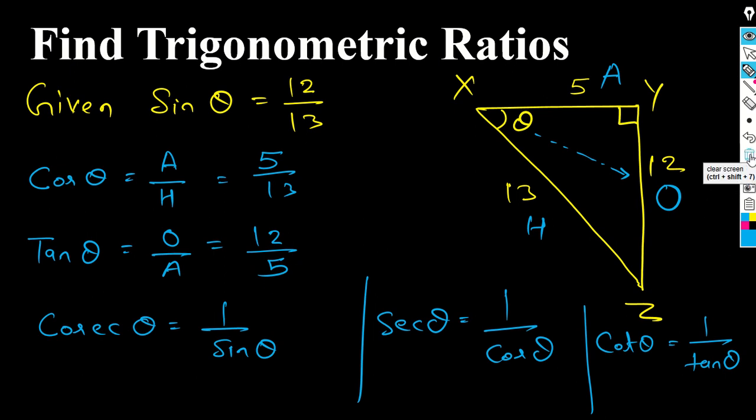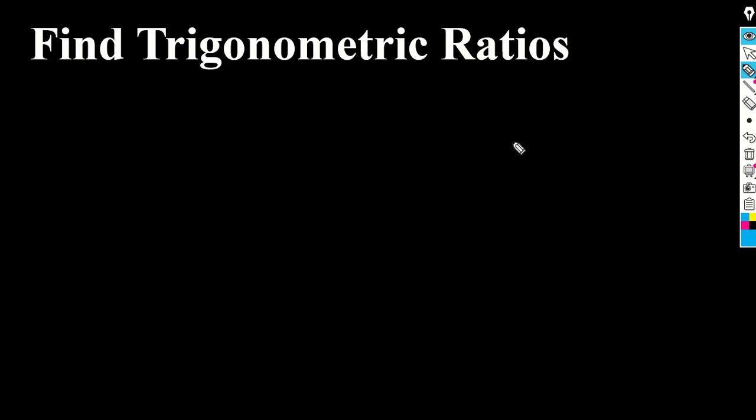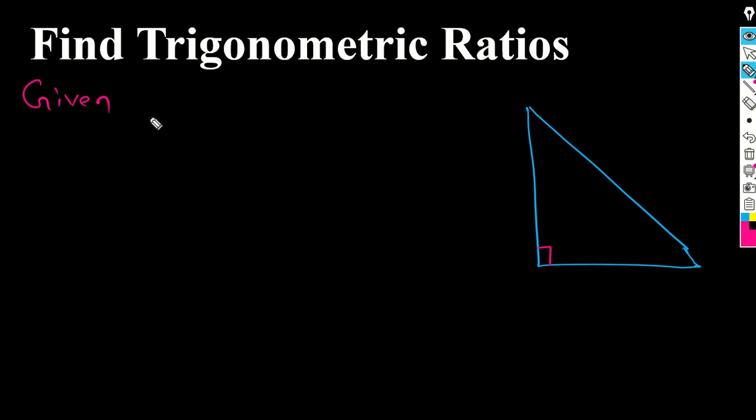Let's do one more question. Now in this right triangle, the given information is tan B is equal to 3 over 7. This is the given information, and find the remaining trigonometric ratios.